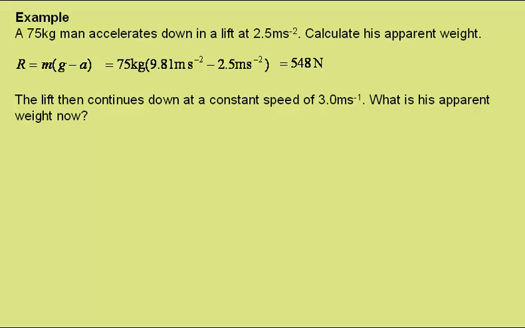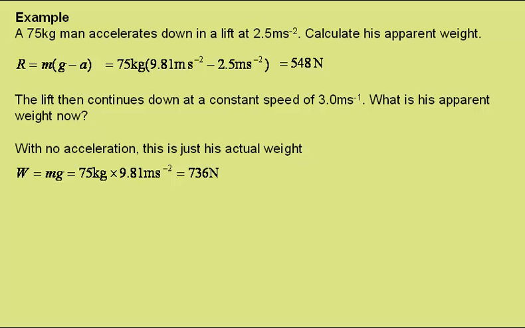The lift then continues down at a constant speed of 3 meters per second. What is his apparent weight now? Well, with no acceleration, this is just his actual weight, which is given by mass times gravitational field strength, a value of 736 newtons.